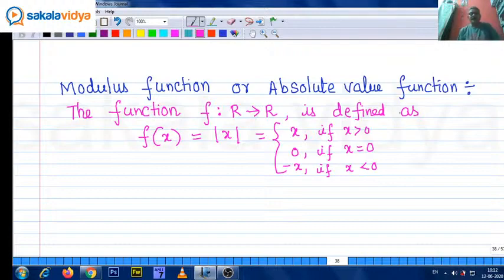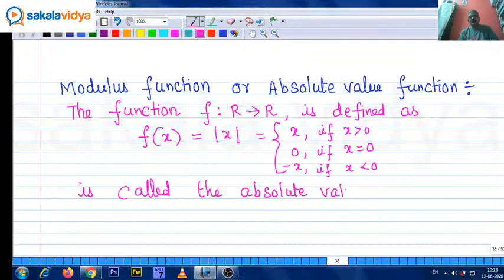Defined as like this is called the absolute value function or modulus function.